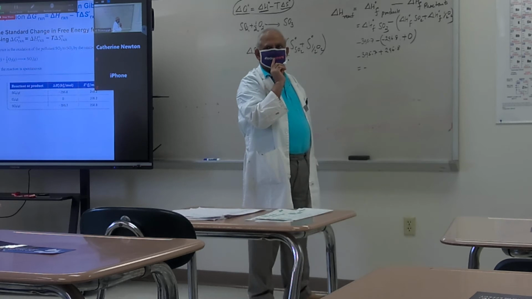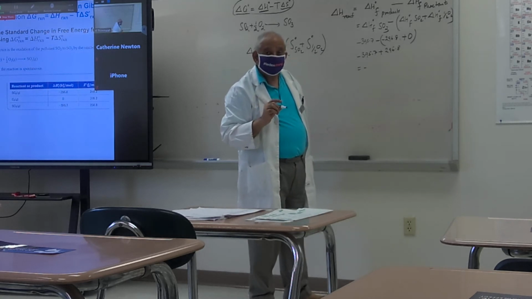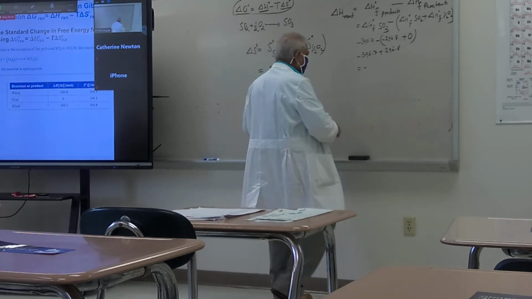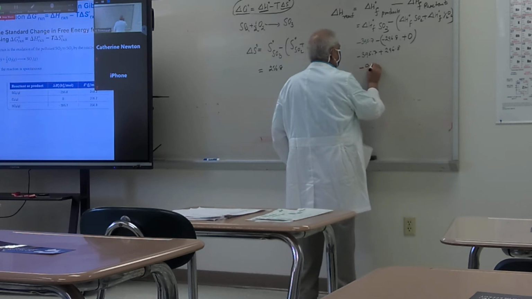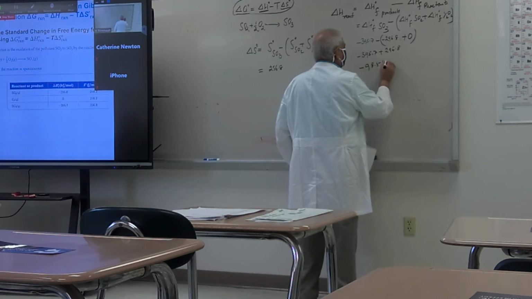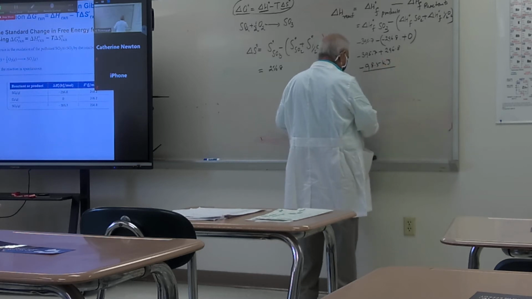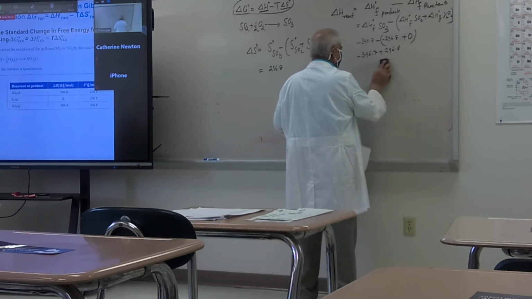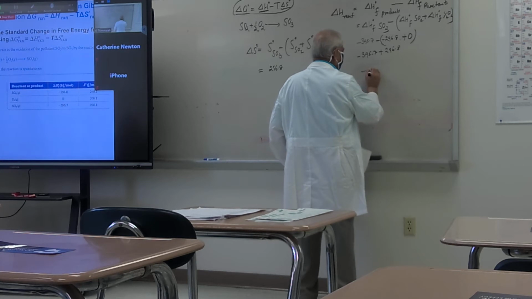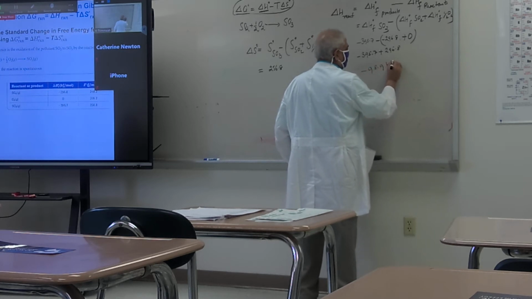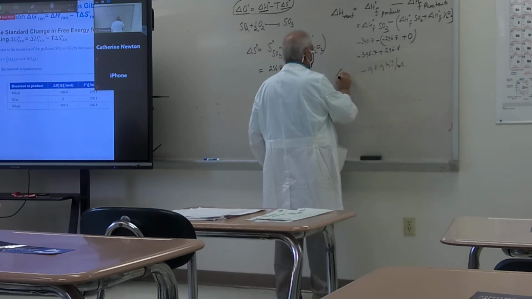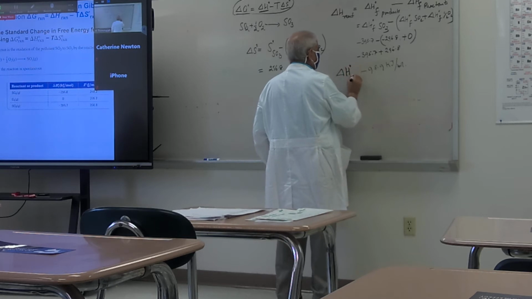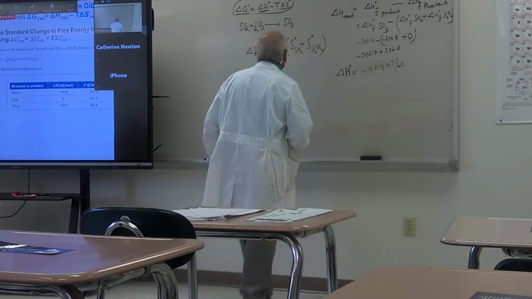That would be negative 98.9. Negative 98.9 kilojoules, correct? This is your delta H0, correct? Okay, now do this.